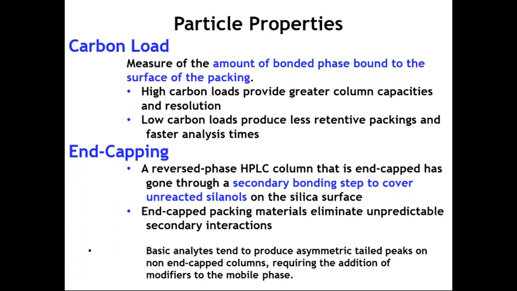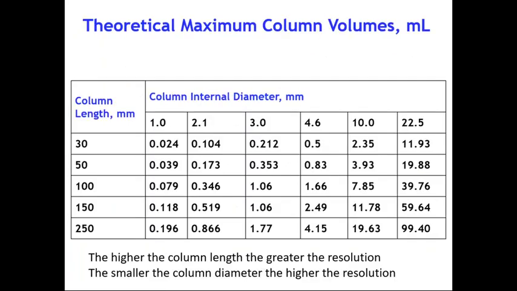However, end capping costs. So if you buy an end capped column, the end capped column will be much more expensive. So theoretically, if we look at the columns, these are the different types of columns. As I said, you can get columns with diameter of 1 millimeter, 2.1, right up to 22.5, and bigger preparative columns. And you have the column length.